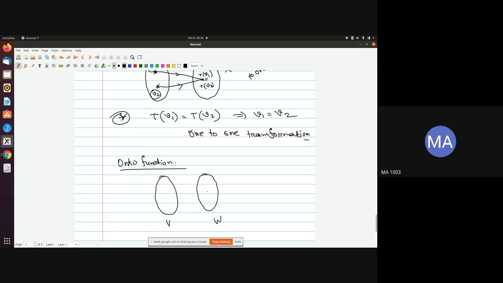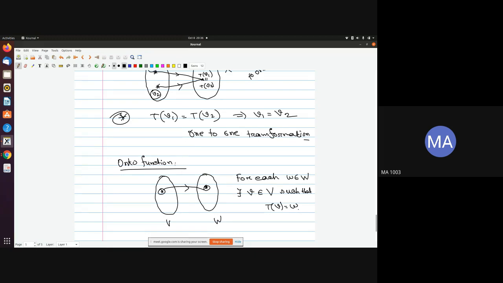So basically, take any element from the codomain; any element must have a pre-image. There should be something here from which it is coming, for which input I am getting that output. So that was the definition of onto, right? For each w in W, there exists v in V such that T(v) equals w.